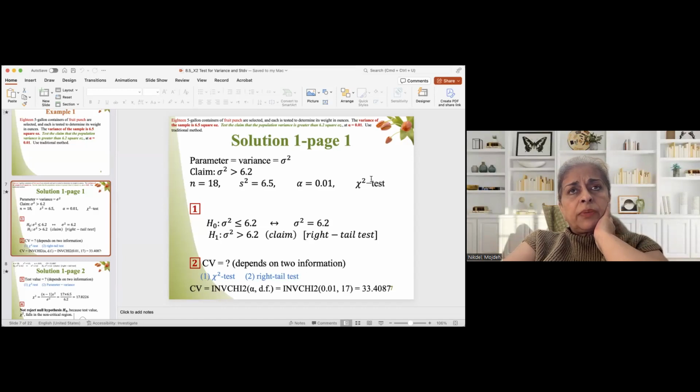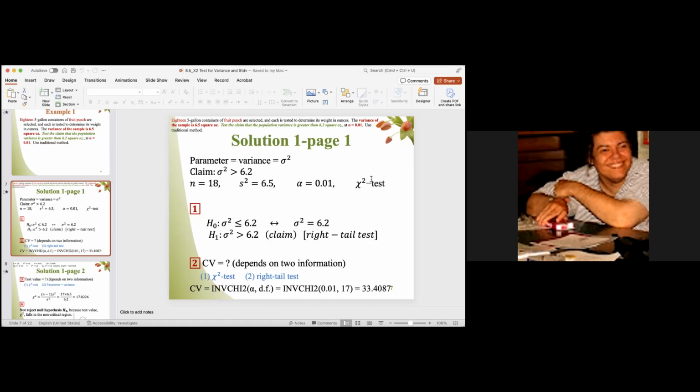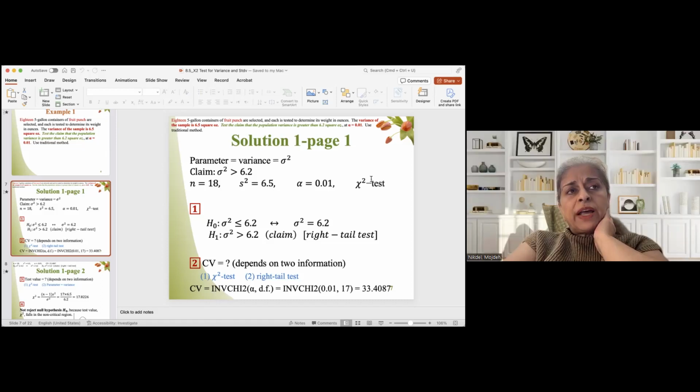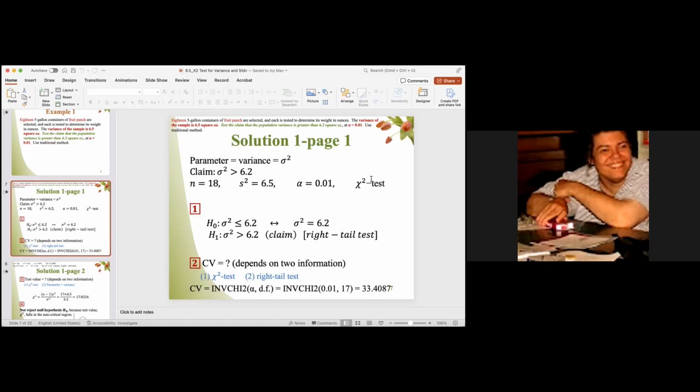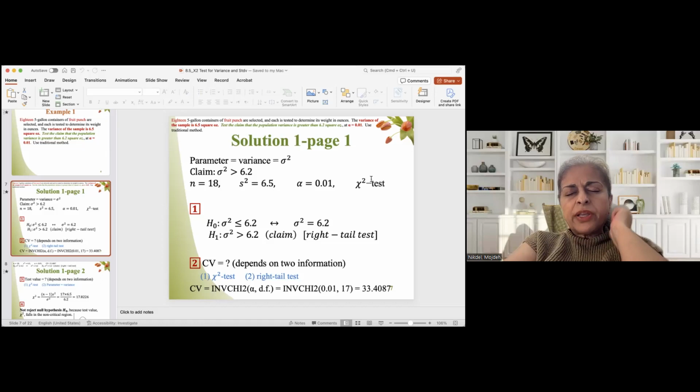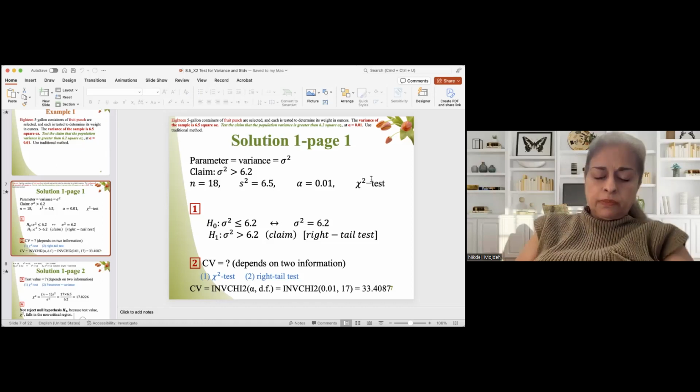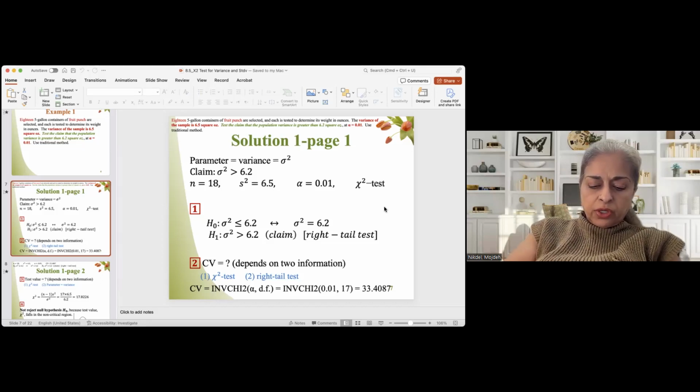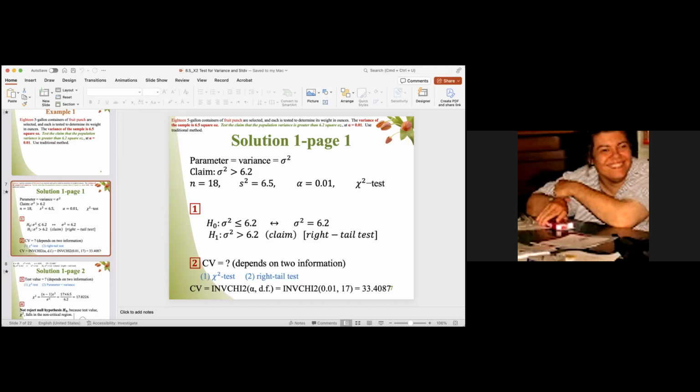Okay, chapter 7. But you don't need the flow chart for proportion or a variance or a standard deviation, because we only have one option for that. Yes, z-test for proportion, chi-square test for variance and standard deviation. Anything else? Does anybody have any questions about anything else before we start?